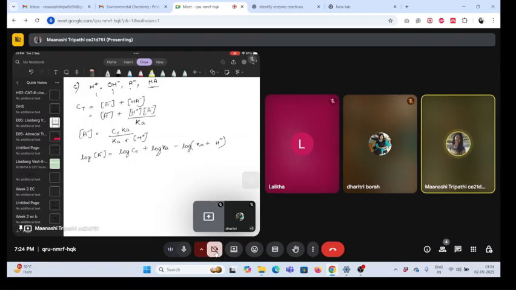Now, there are three cases to simplify the above equation. So this equation is there. There are three cases to simplify it.